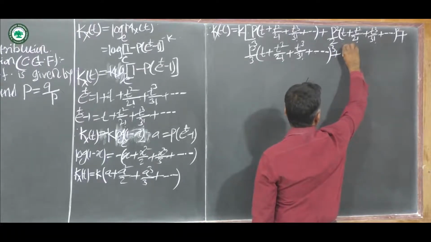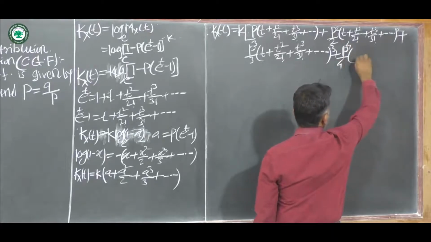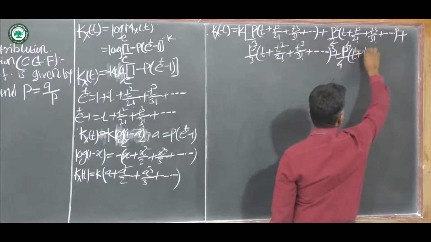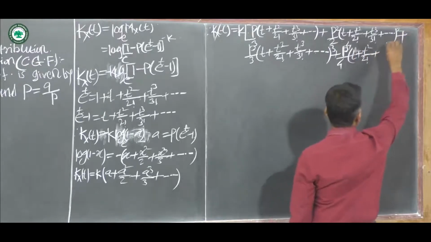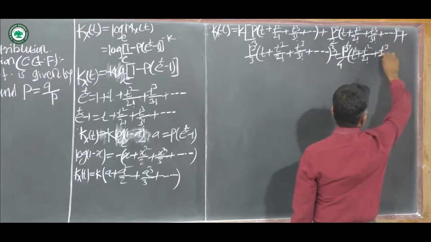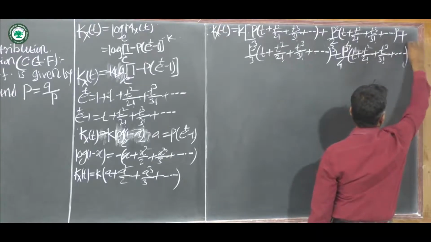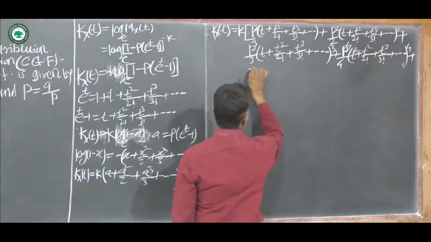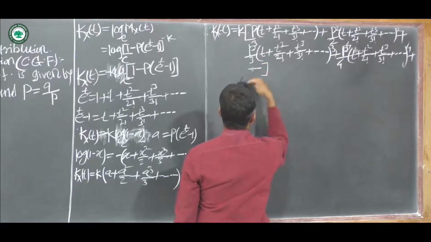p raised to 4 upon 4 into bracket t plus t square upon 2 factorial plus t cube upon 3 factorial plus dash dash dash, bracket complete, bracket raised to 4 plus dash dash dash, this square bracket complete here.